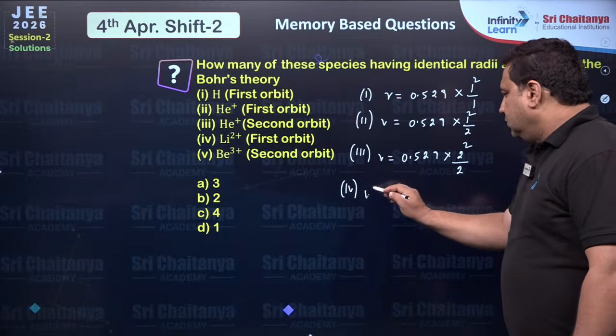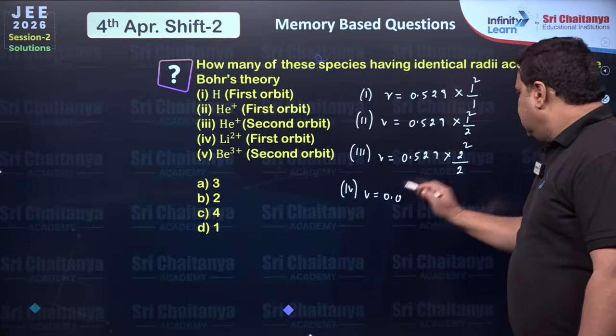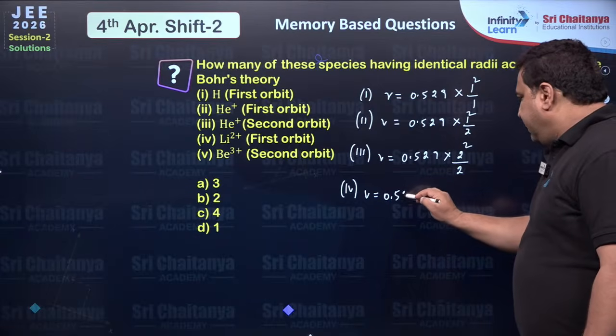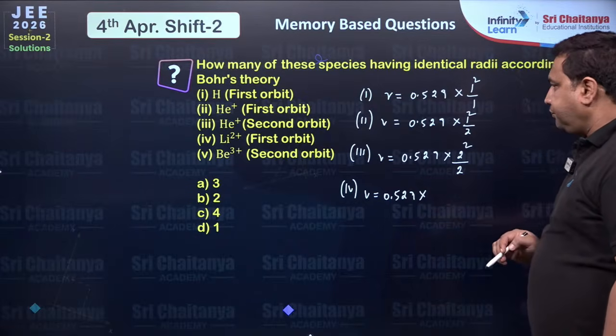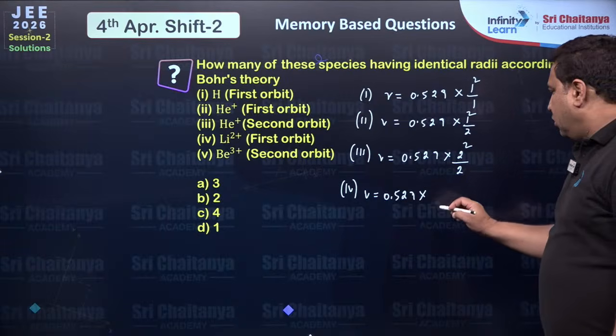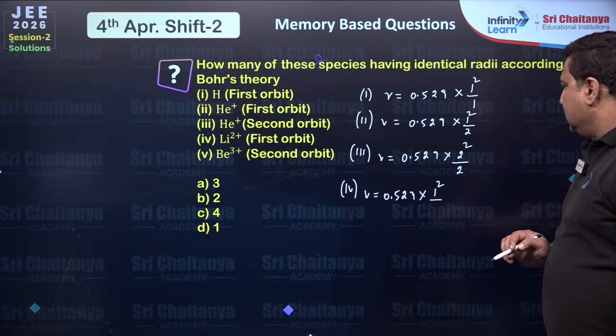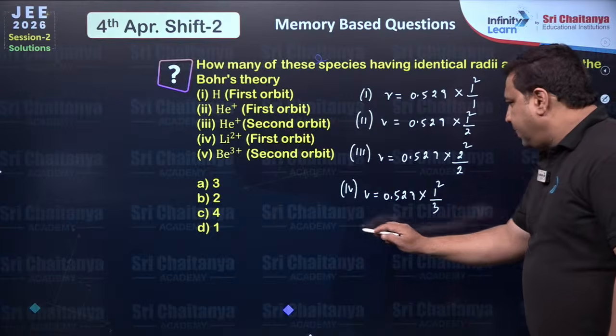Next, radius is equal to 0.529 into first orbit, so 1 square upon 3.